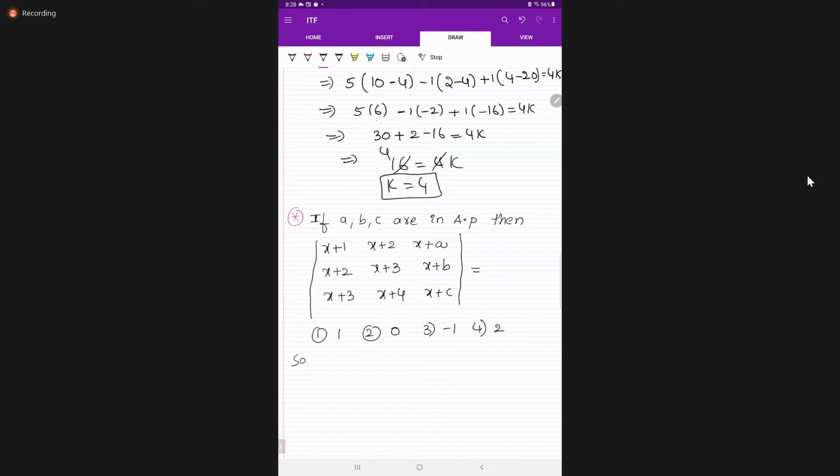Students, now I am taking here in place of a, b, c, so a, b, c are in AP, no? So I'm taking a is equal to 1, b is equal to 2, and c is equal to 3. So 1, 2, 3 are in AP.